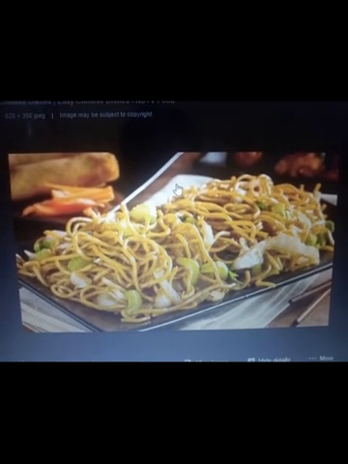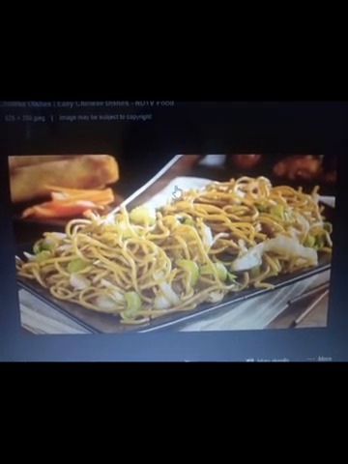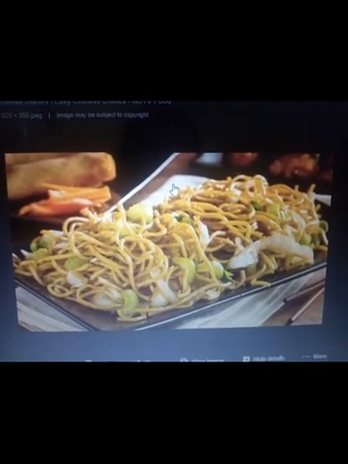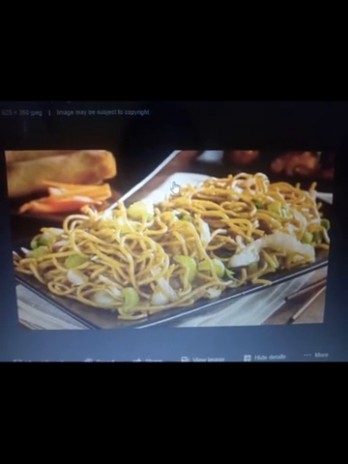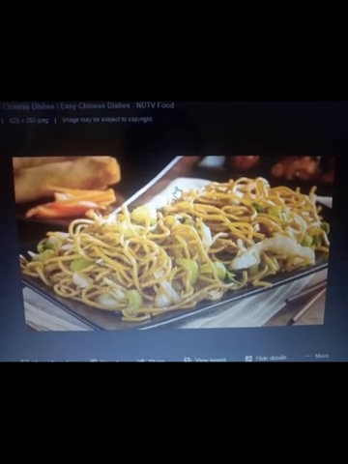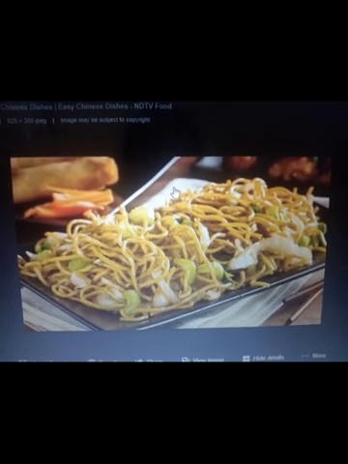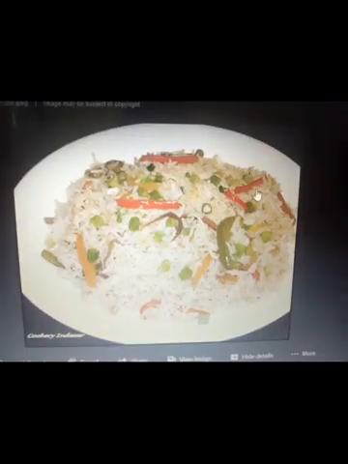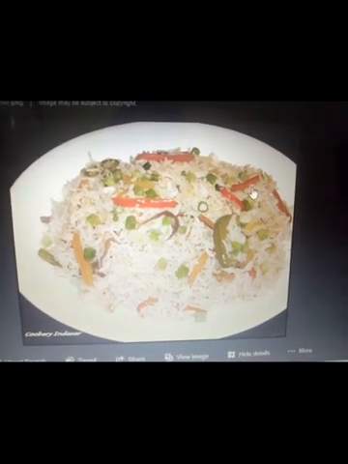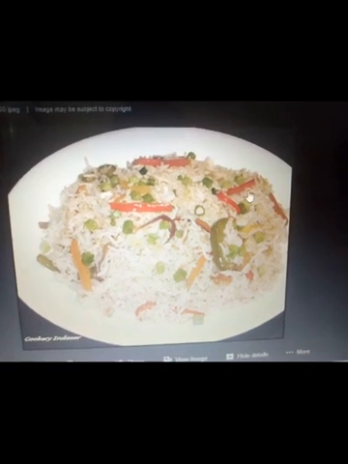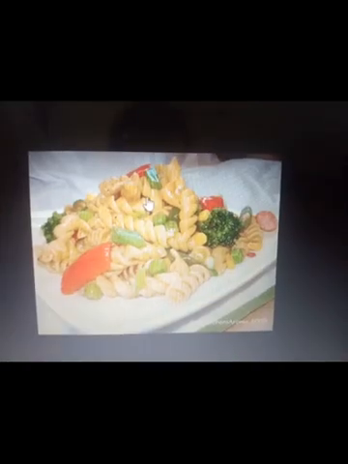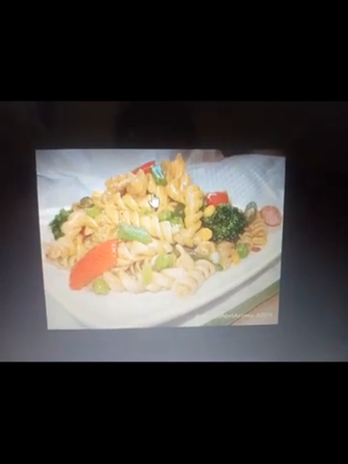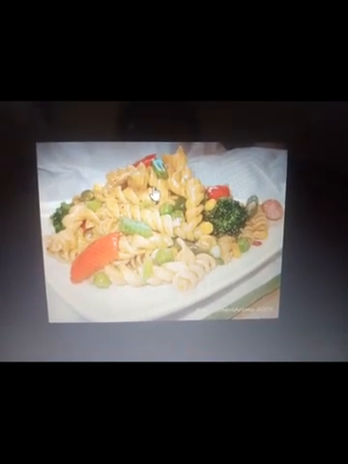International cuisines have also become popular in India, like Chinese, Italian, Mexican, American. Examples of Chinese cuisine are noodles and fried rice. Examples of Italian cuisine are pasta and pizza.